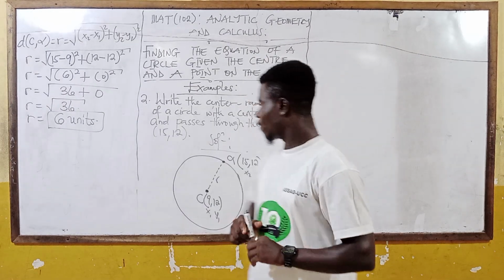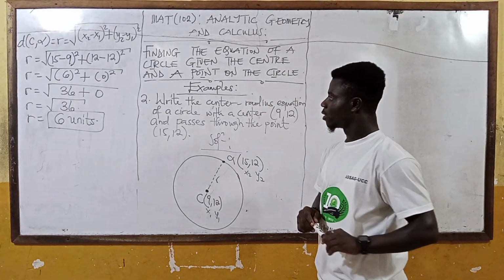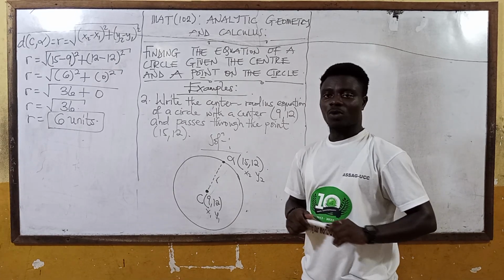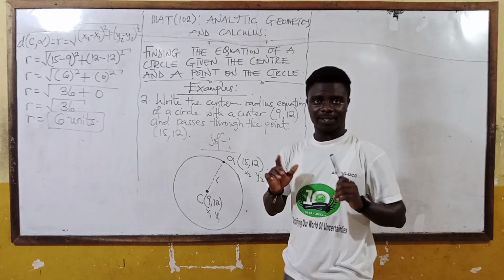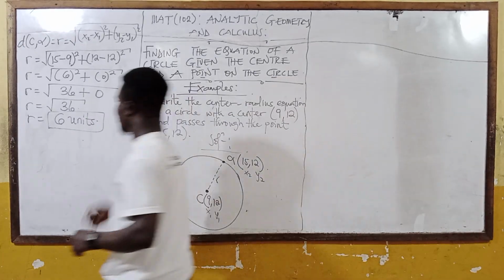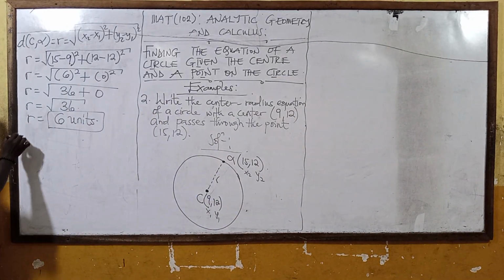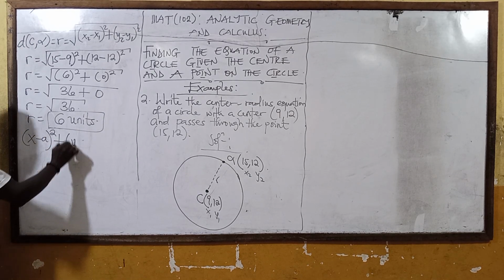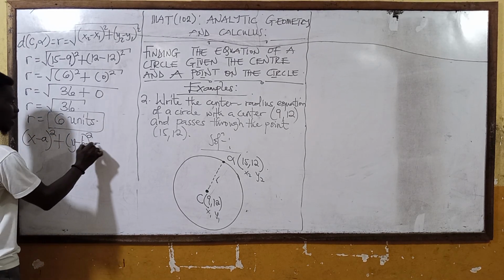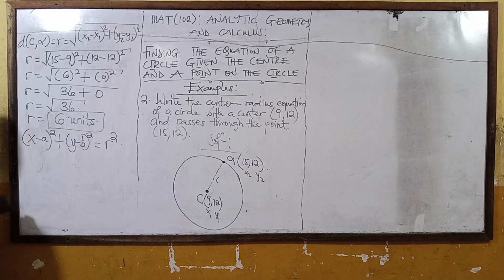Right. Now, don't forget, they said we should state our equation of the circle in the form the center radius. That's the standard equation. And the standard equation of the circle is x minus a all squared plus y minus b all squared equals r squared.